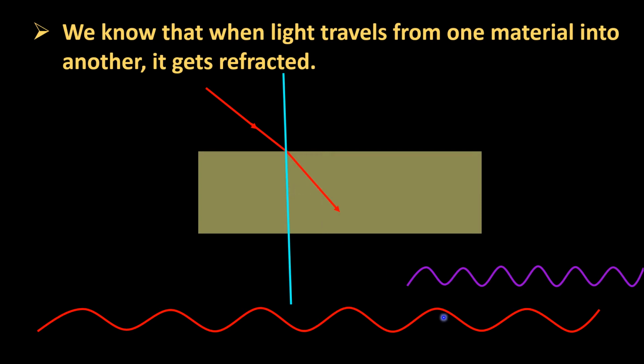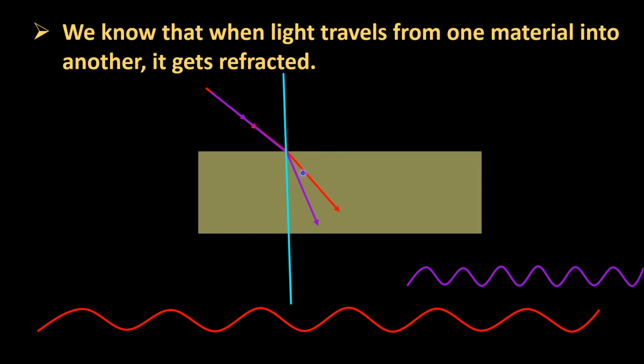Now let us allow the violet light incident along the same path. Does it refract in the same way or not? Let us see. Here violet color is incident. Now see, this ray is getting refracted like this.